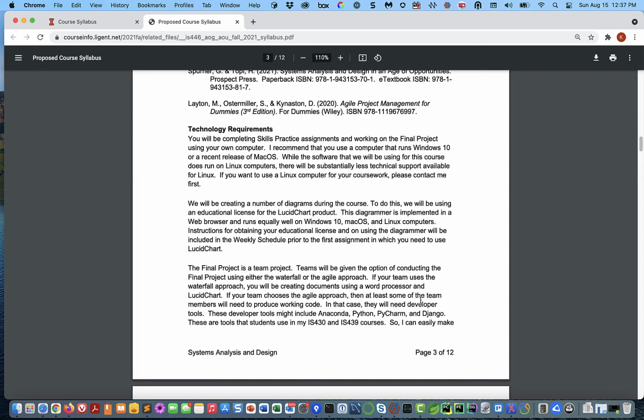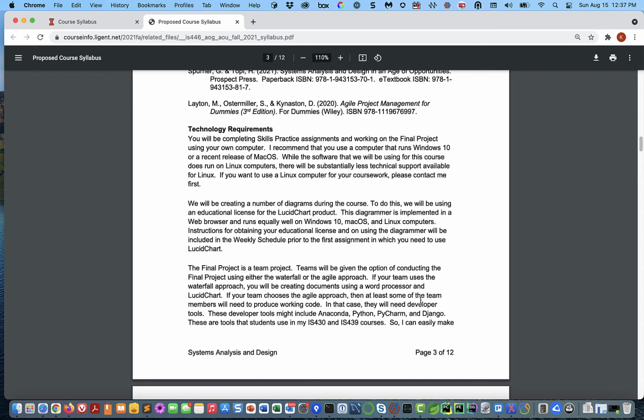It will run on Windows and Mac OS and Linux as well. There'll be more details on that the week before we need to use it. It runs in a web browser, so it's not something that you have to install.